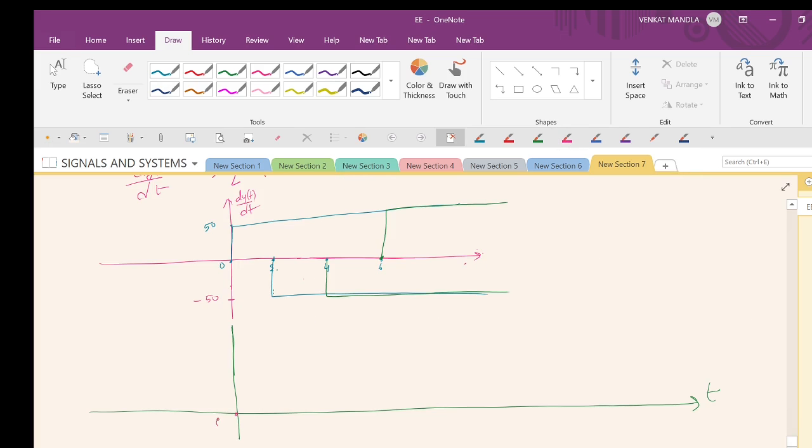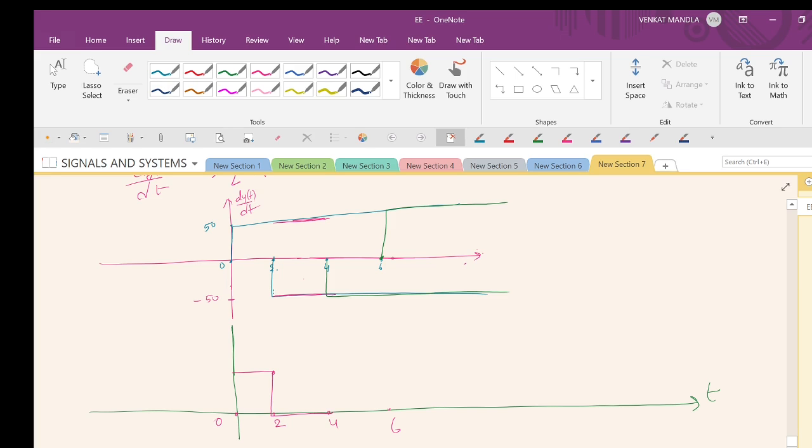So 0, this is 2, this is 4, this is 6. From 0 to 2 only 50, right? From 2 to 4 we have minus 50 and plus 50. So here to here plus 50, here minus 50, so you will get 0 from 2 to 4.